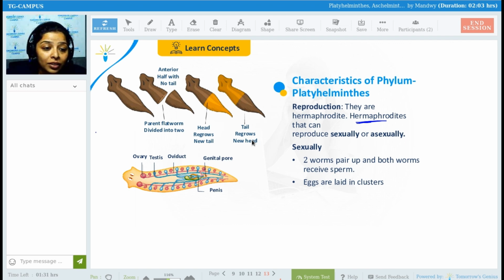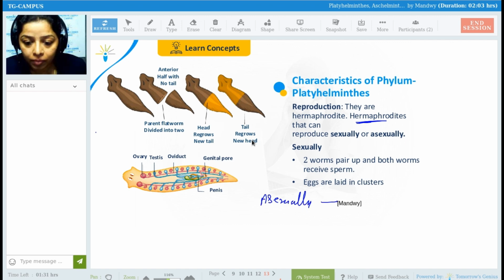Asexually, that is through the regeneration process. In your class 8 and class 10, you have studied regeneration and the example was planaria. So they can reproduce asexually through the regeneration process plus binary fission.